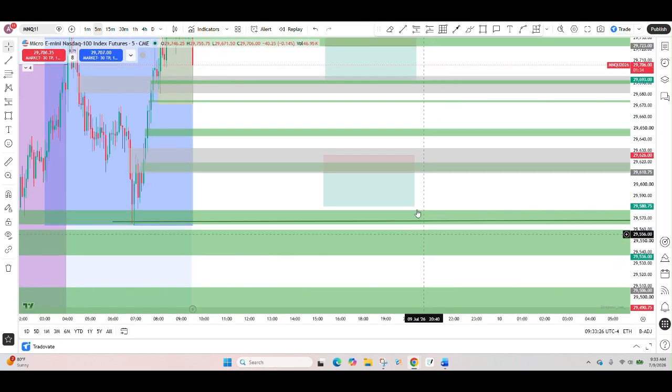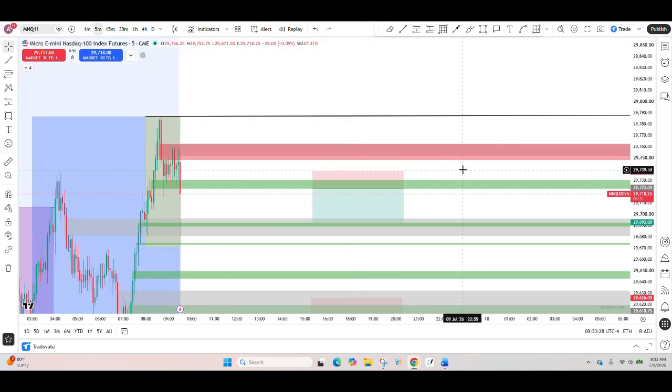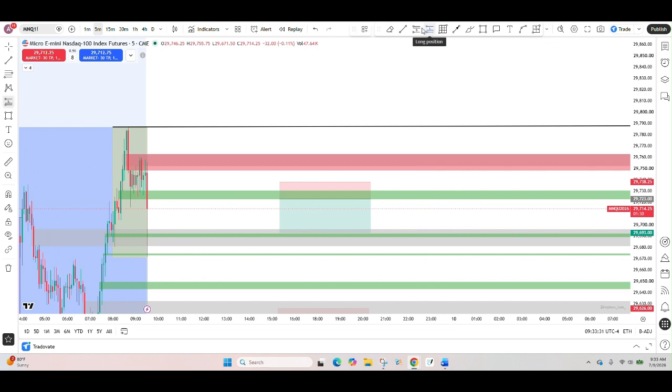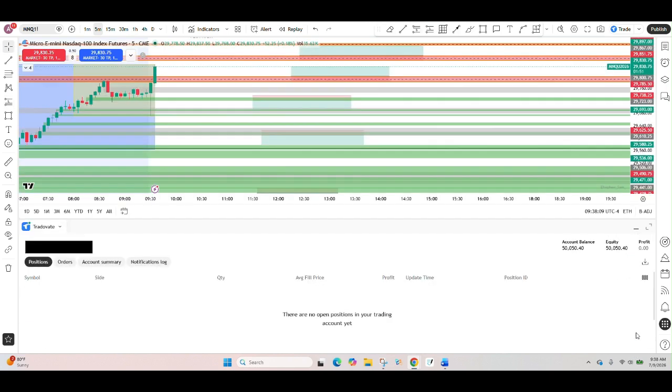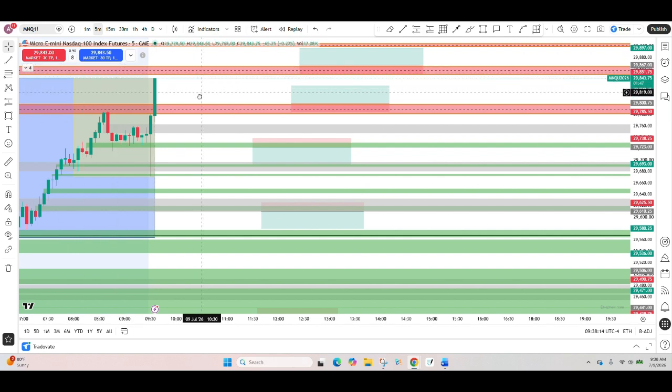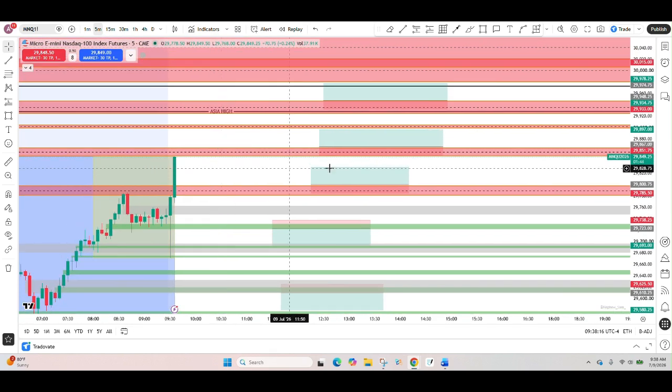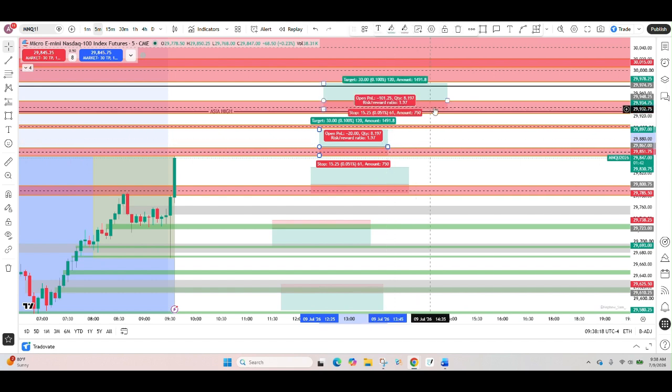Down there. Okay, those are for shorts, and let's look for longs. Current balance is $50,050. We're in it for 8 contracts. So let's see if we get an entry.